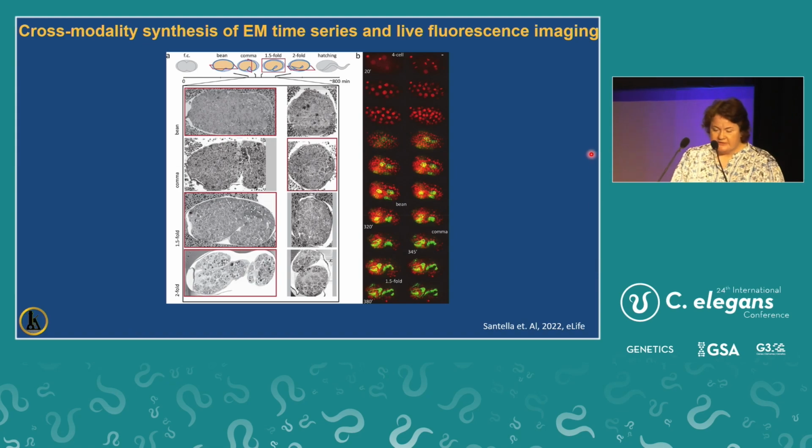And that was the project that I did with Anthony Santella and Jerome Bao. And the idea was, so we had several data sets with both FIB and array tomography embryos, and instead of doing direct correlation when you have fluorescence and then you try to figure out what is what, we wanted to use the algorithm that Bao Lab developed for the live imaging, and then actually retranscribe it to the EM stacks.